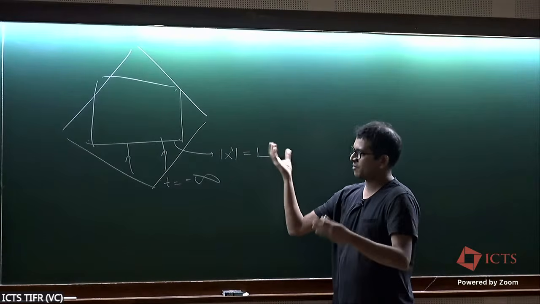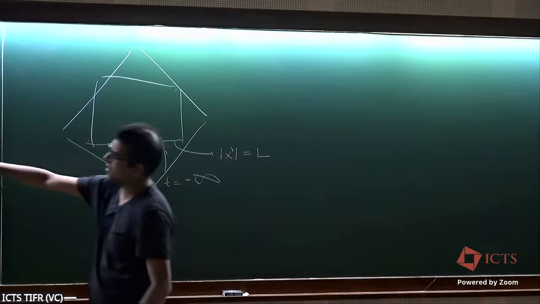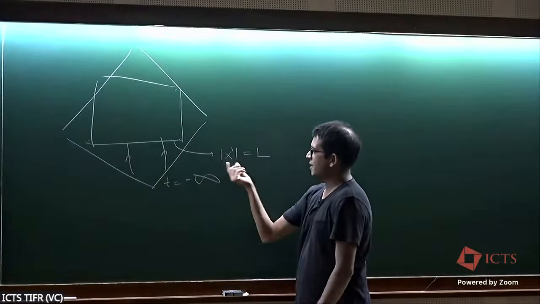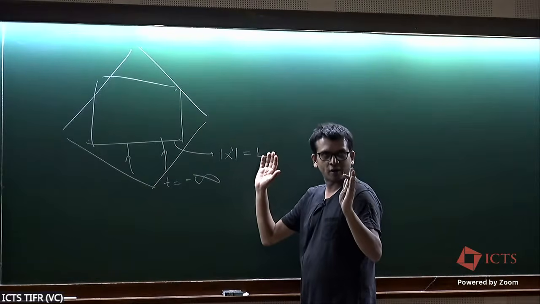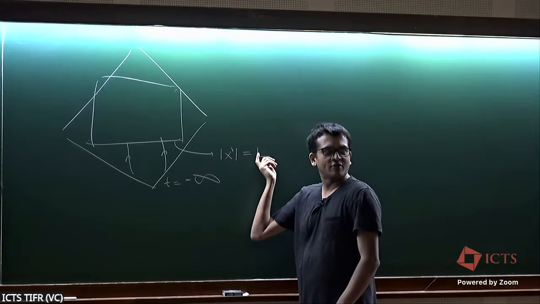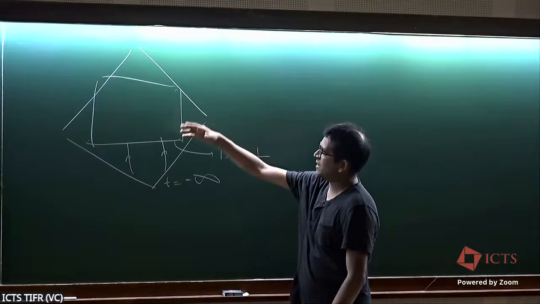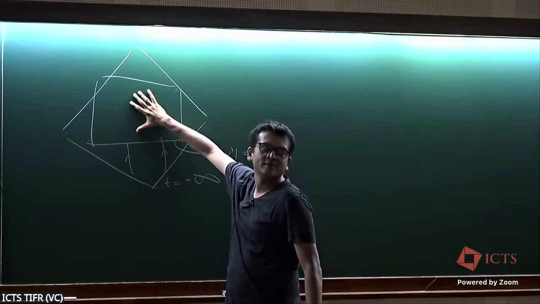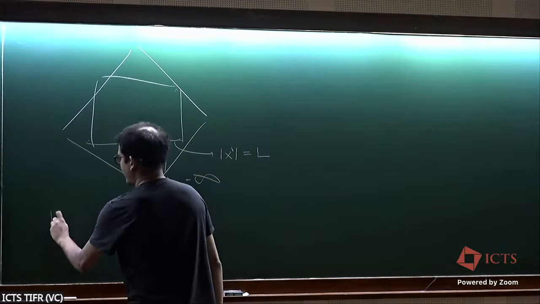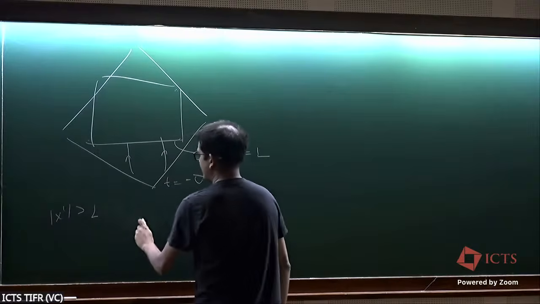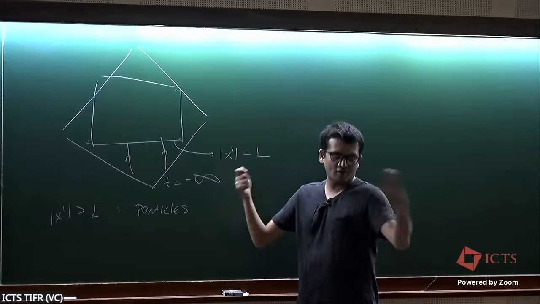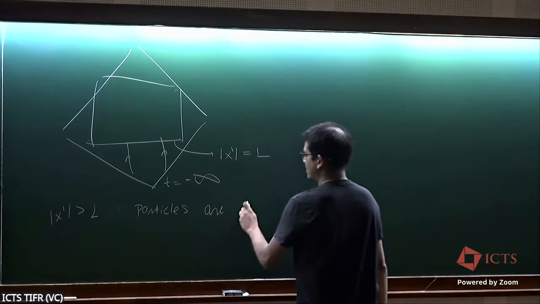The way we are going to solve this problem, we want to evaluate this integral in the small omega limit. And the way we do it is to take a domain L, as large as you want, such that outside of it, for mod x prime greater than L, particles are approximately free. Is this clear? We are using the assumption we stated yesterday. They are never obviously completely free, because there is always gravity, so we will quantify this a little more.